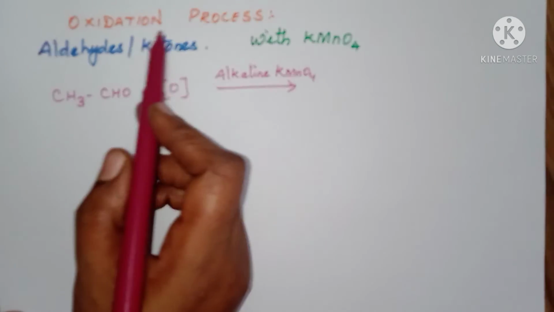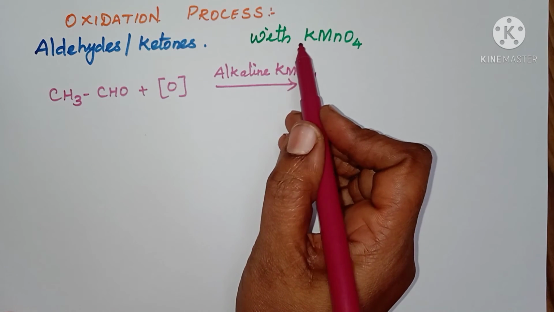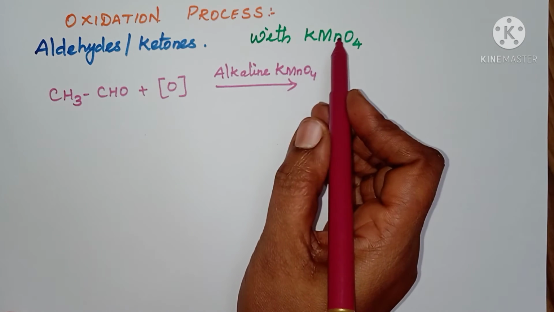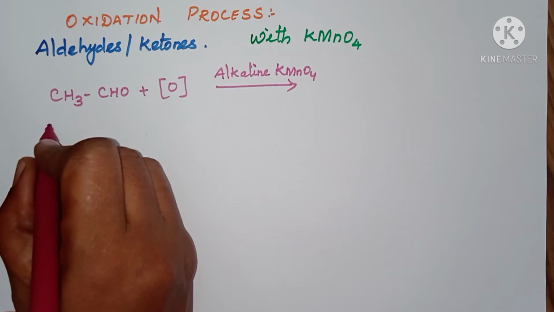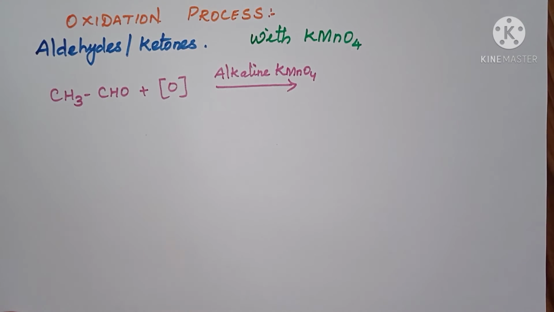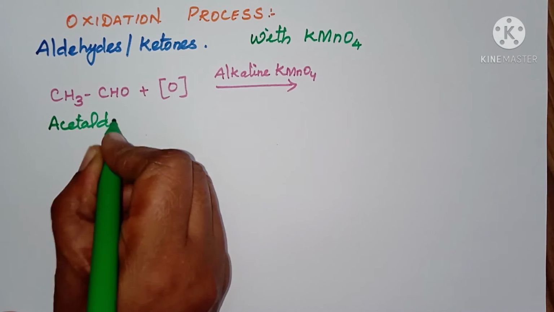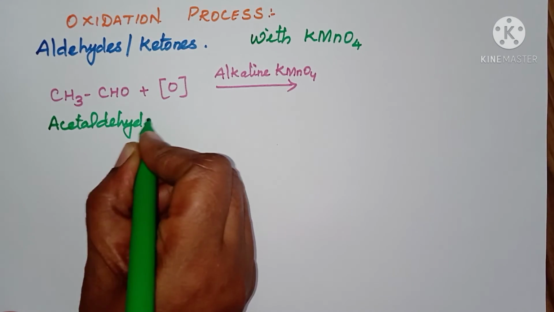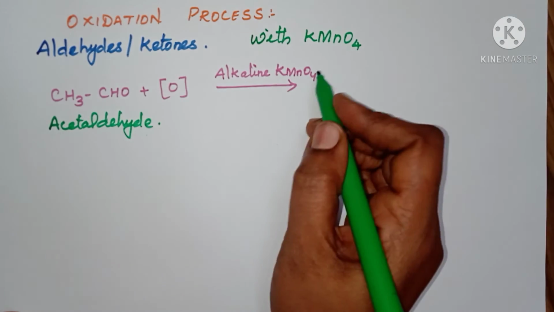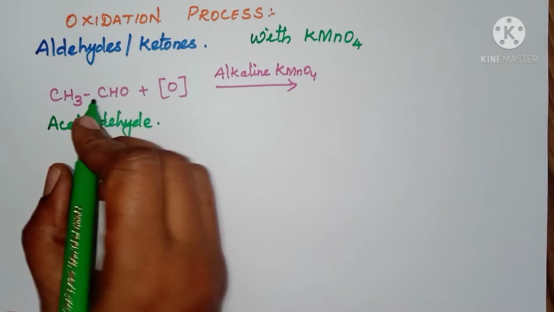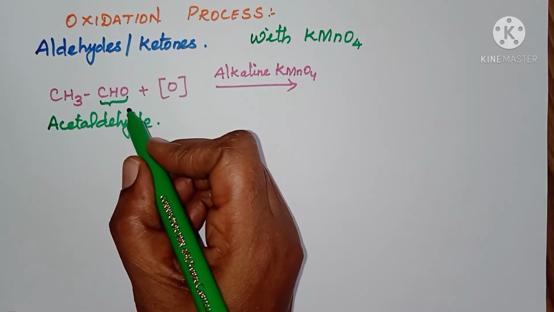Usually the oxidation process with the help of an oxidizing agent, potassium permanganate, oxidizes acetaldehyde. Acetaldehyde oxidized in the presence of alkaline KMnO4, you are getting an acid. CHO is the functional group of aldehyde, you know very well.